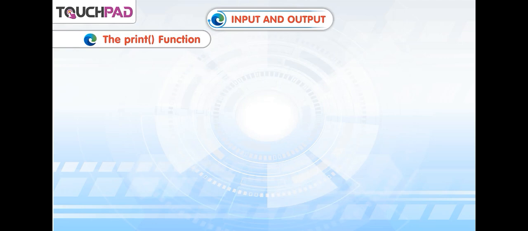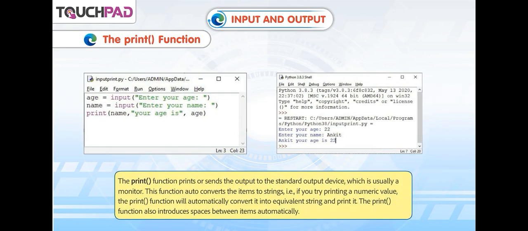The print function. The print function prints or sends the output to the standard output device, which is usually a monitor. This function auto-converts the items to strings. That is, if you try printing a numeric value, the print function will automatically convert it into the equivalent string and print it.